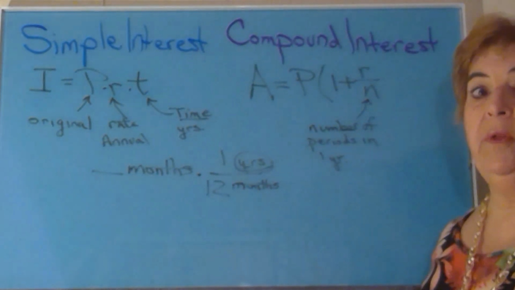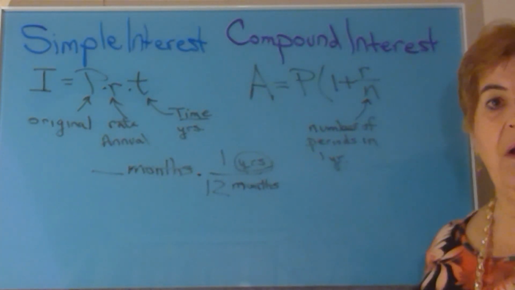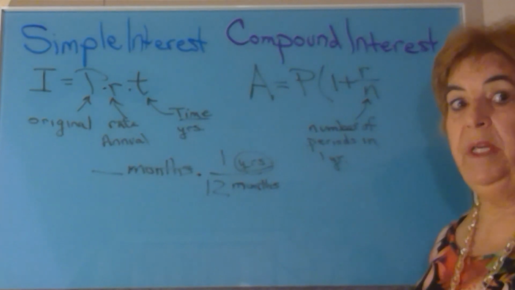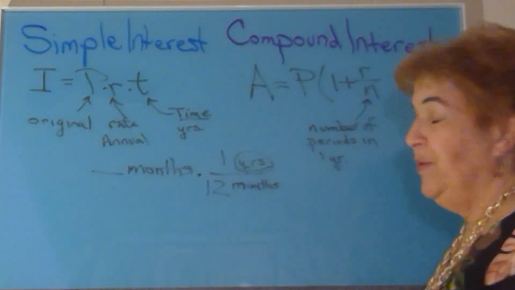So if it's quarterly, that would be 4 interest periods. Monthly would be 12. If it's annually, there's only 1 year in a year, so it would be 1.